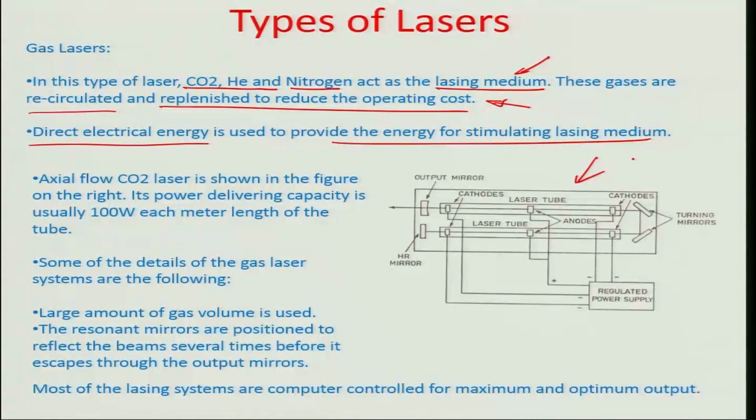Here you can see one such schematic of a gas laser. There is a set of cathodes and anodes between which there is a lasing medium. So this really is a laser tube here. You can see the boundary of the laser tube, which can be filled with typically a medium.